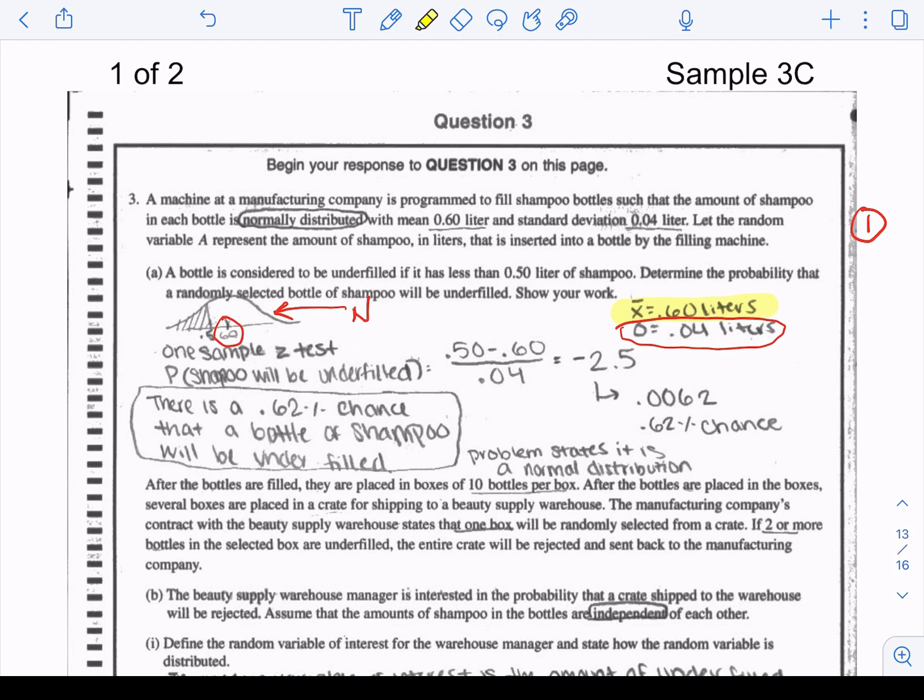The other thing that is kind of unrecoverable is, a lot of times we're looking for the mean in the formula. And so typically that's going to be a mean that we're looking for. The problem is their labeling. You notice they talk about a z-test, which is kind of interesting. And then they do say the probability the shampoo will be underfilled, but they're saying the probability is equal to the z-score.